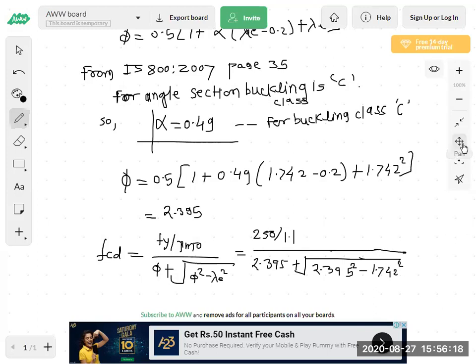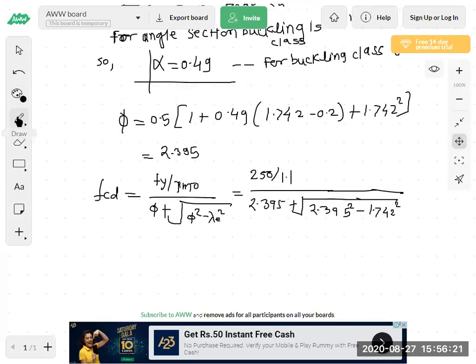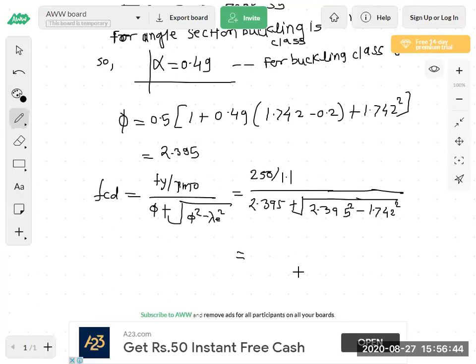So calculate the value of FCD. Everyone do the calculation. 42.56, no, 56.27. Correct. 56.27. Please do the calculations properly.